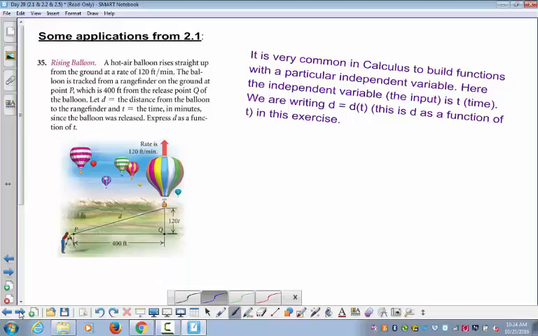And here, d is simply the distance from the observer to the balloon, and we just want to write that as a function of t. And it's not hard, right? We have the Pythagorean theorem, but that's the terminology. Getting this terminology down is really important. So d squared will equal 400 squared plus (120t) squared.